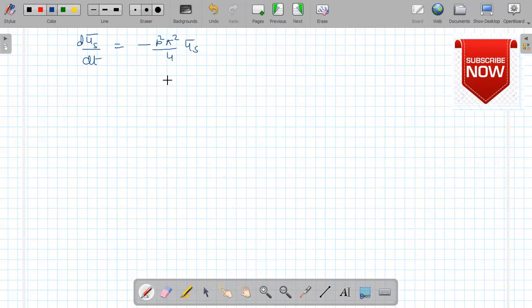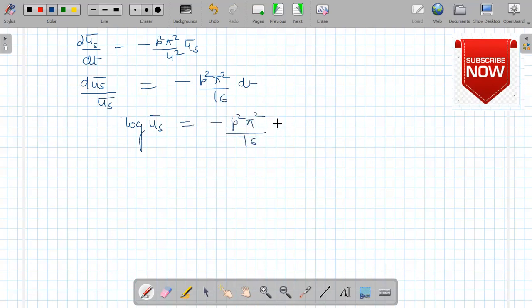Okay, so this is also 4 square. Now we are given, we can separate the variables. dus bar over us bar is equal to minus p square pi square over 16 dt, so that we have log of us bar is equal to minus p square pi square over 16 t plus log of c.